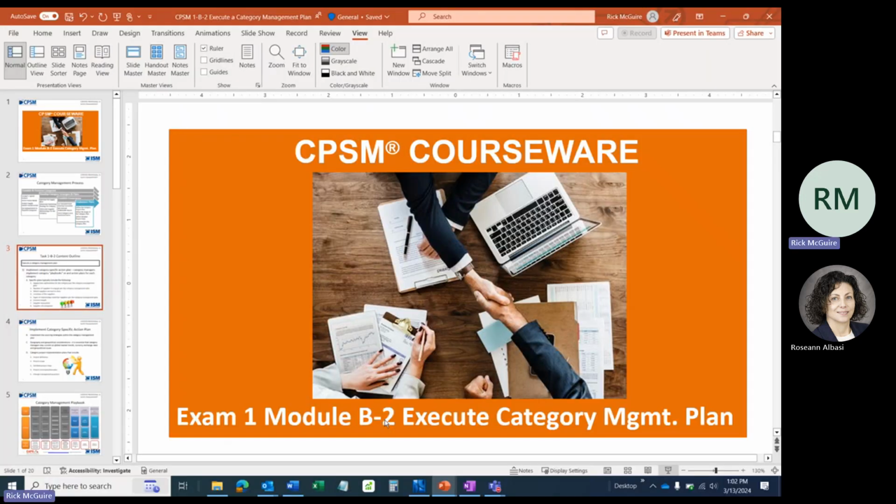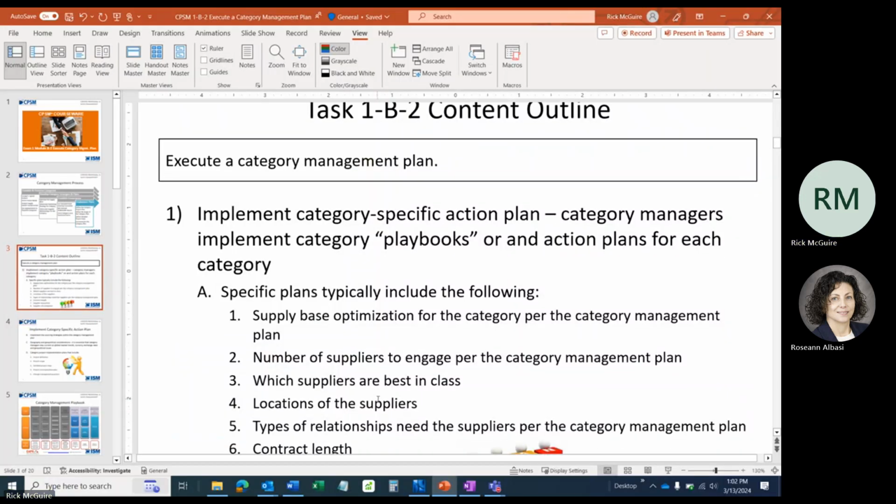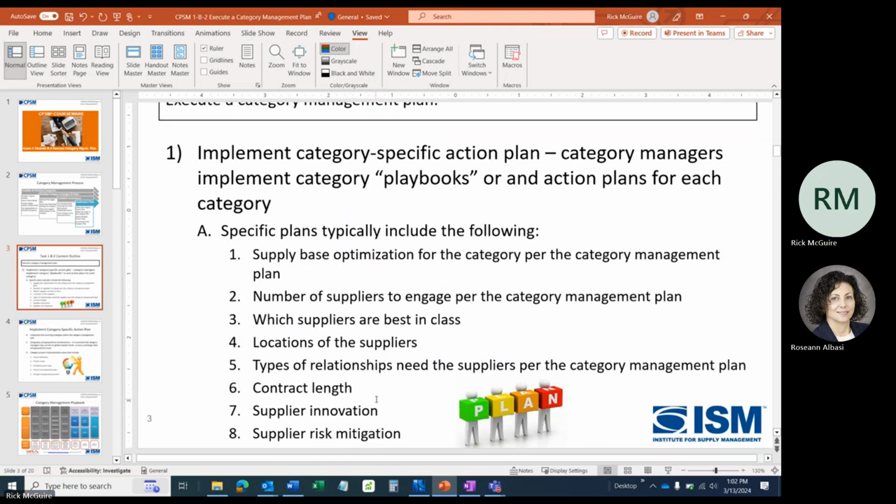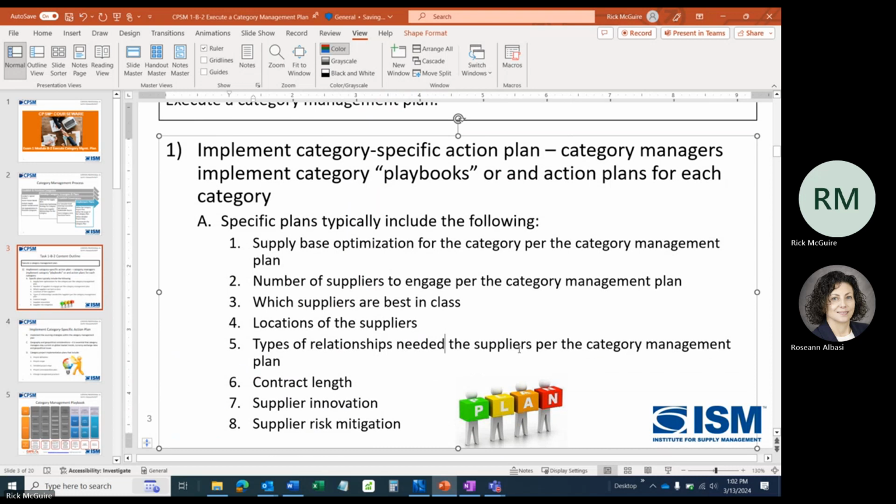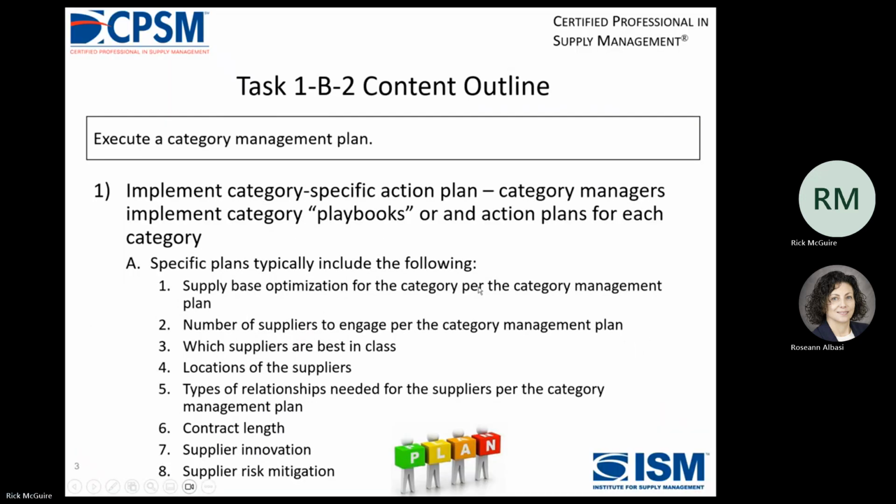Let's correct that before I move on: needed for suppliers. Contract links, supplier innovation, supplier risk management. Those are the types of things we would be looking at.